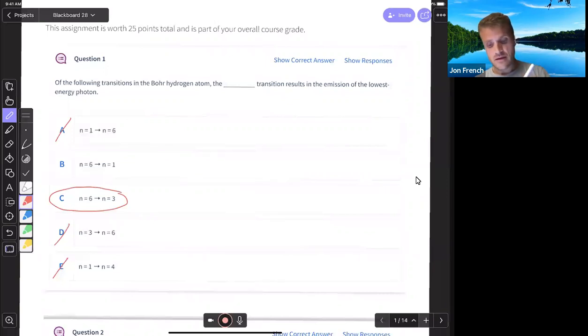But A, D, and E, right, that's all absorption. So we can cancel out those. B and C are the only two that are releasing a photon, and B would be higher energy because B is a larger transition. Yeah, Anthony, do you have a question?